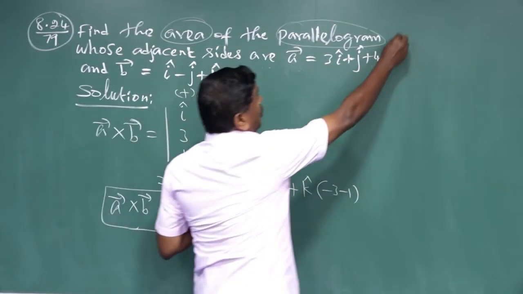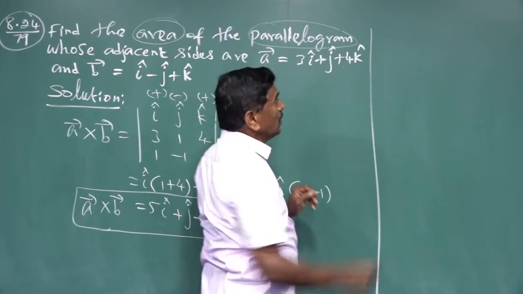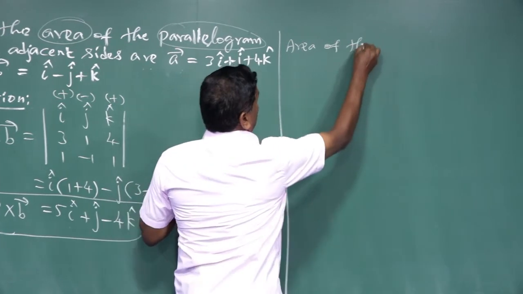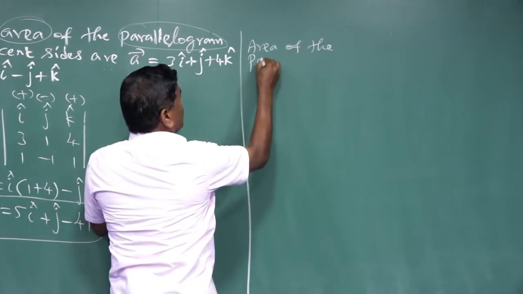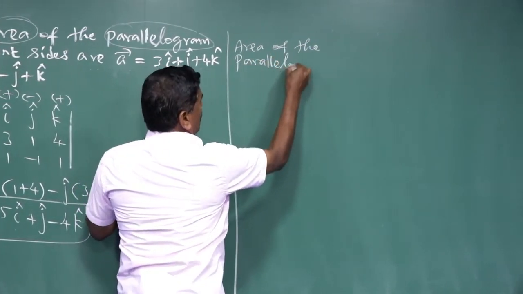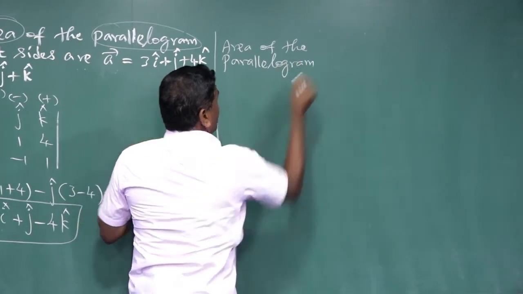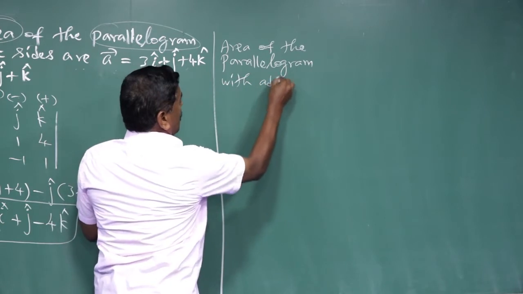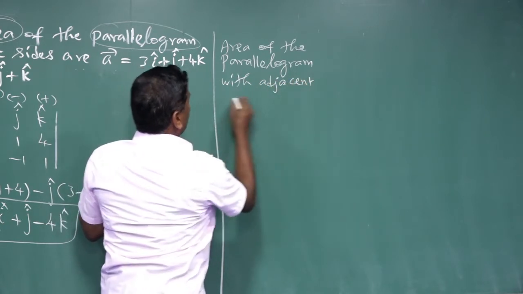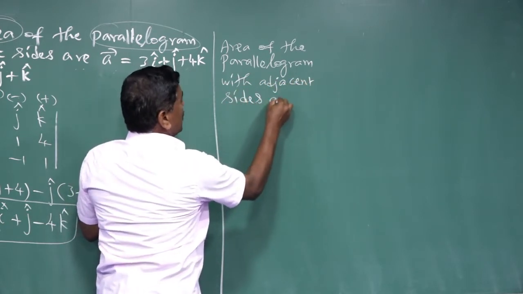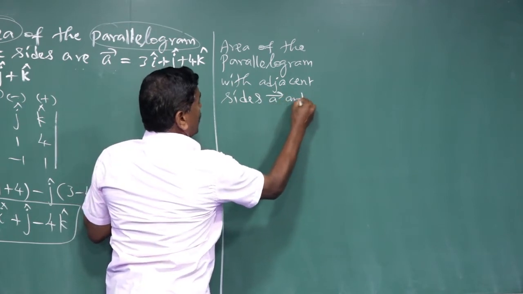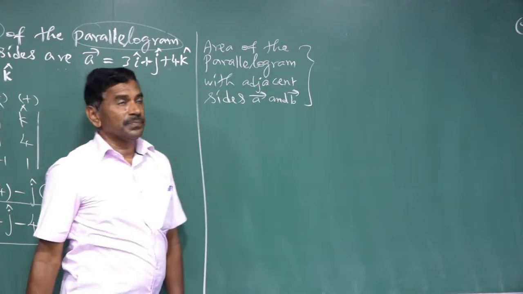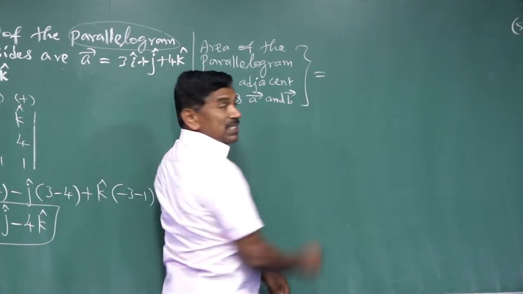Now I want to write the direct formula. Area of the parallelogram with adjacent sides A vector and B vector is given by the formula. Can you tell me what the formula is?